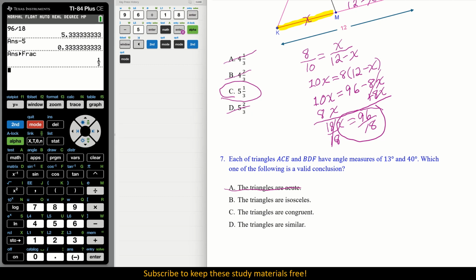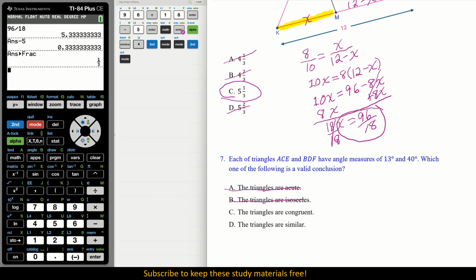The triangles are isosceles. Well, no. Because if we added 13 and 40, that'd be 53. There's no way that we could get 180 angle measure with two of the angles being the same.